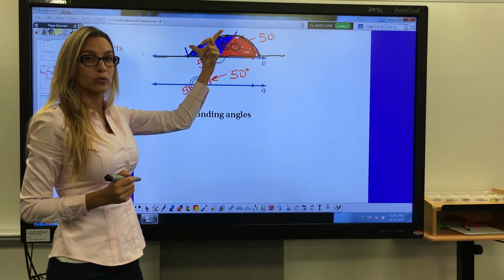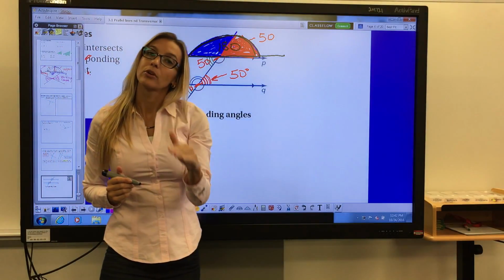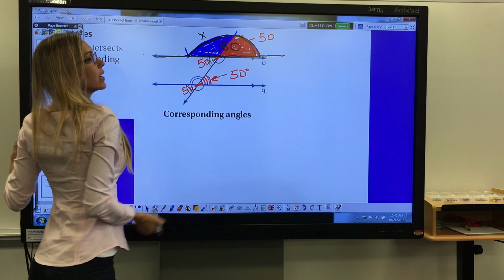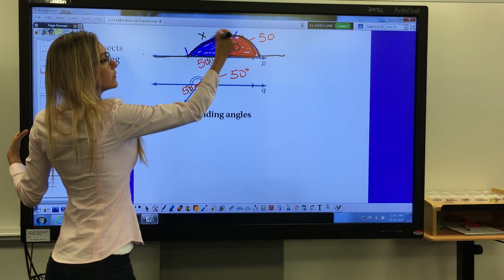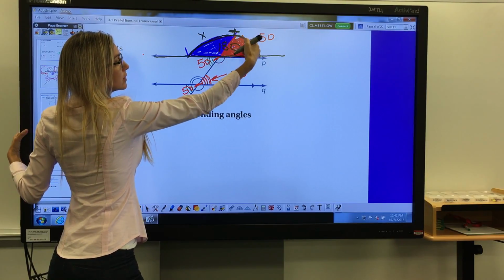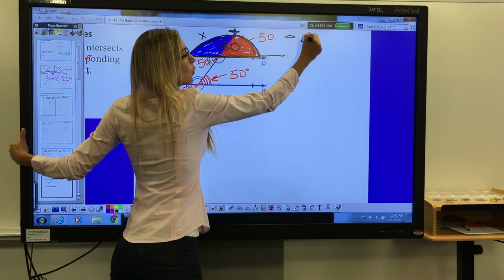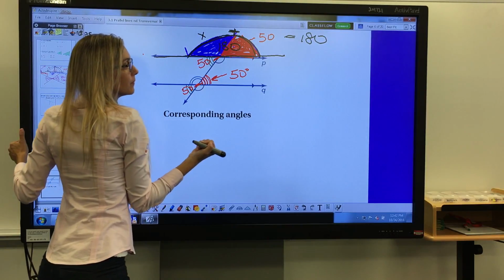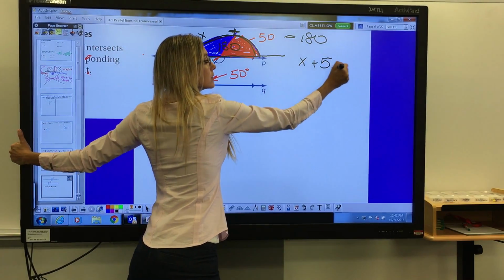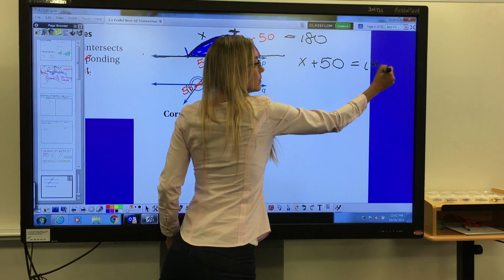What is the leftover? There's a couple ways to look at it. I'm going to name this angle X. That's my unknown. I know that if I add the X to the 50, I should get 180. So the equation will say X plus 50 equals 180.